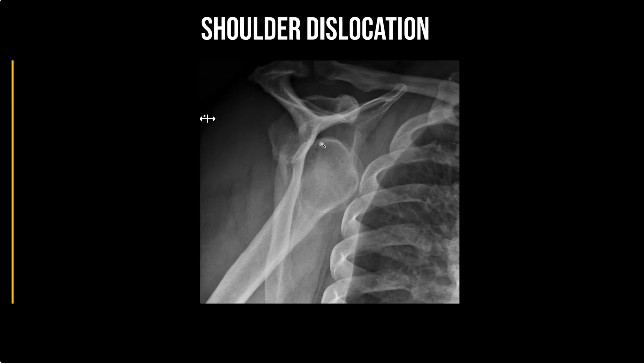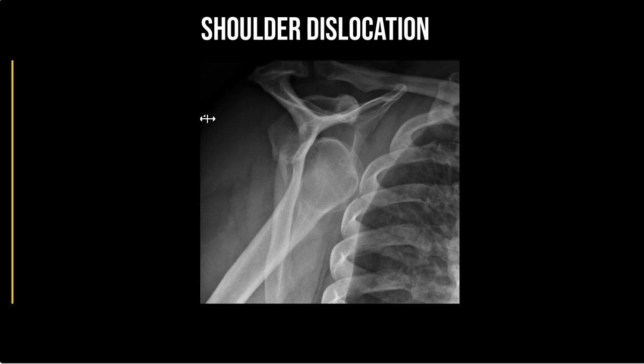How do you know if it has gone anteriorly or posteriorly? You look at this thing here. That's the coracoid and that's the acromion. As the scapula comes in, it gives out this acromion process posteriorly, and the coracoid goes anteriorly. You can see that the head is going anteriorly towards the coracoid, and we also know it's anterior unless proved otherwise, because 95% of cases are anterior.